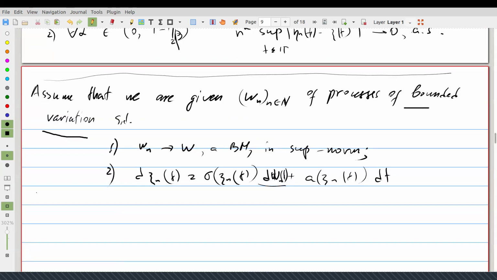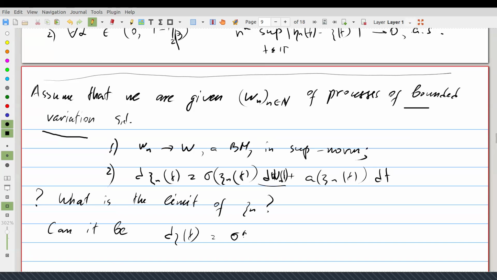And the natural question is, what is the limit of X_n? Can it be that we can just model the solution of the Brownian motion by using this approach?